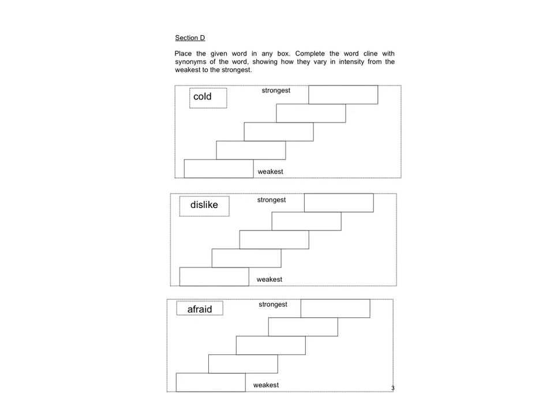So the first word that we have would be cold: chilly, freezing. Now freezing is actually found in the story itself, the story statues. Crispy, frosty. Next, the word climb for dislike.